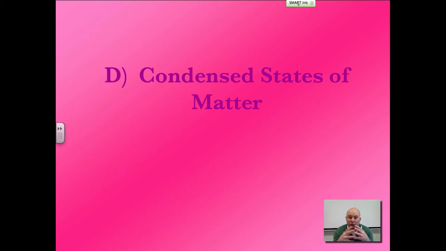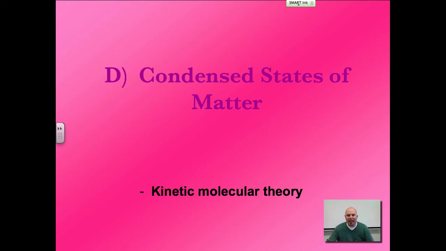Obviously, the molecules, due to the kinetic molecular theory, are much more compact. They're still moving, but they're in a regular arrangement, a regular repeating pattern. The kinetic molecular theory deals with the movement of the molecules. In a solid they're stuck, moving back and forth.